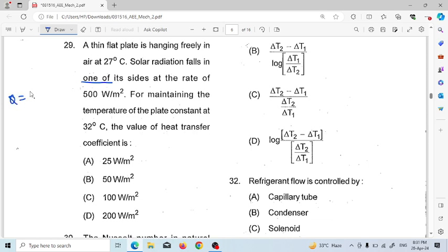So the heat transfer is heat transfer coefficient h, area and del T. So we have to find h value, and this is a thin plate, so taking area as 1, and Q is given 500, and h we have to calculate, and temperature difference is 27 and 32. 32 minus 27, this is 5, so 5 cancels, so answer will be 100 watt per meter square.